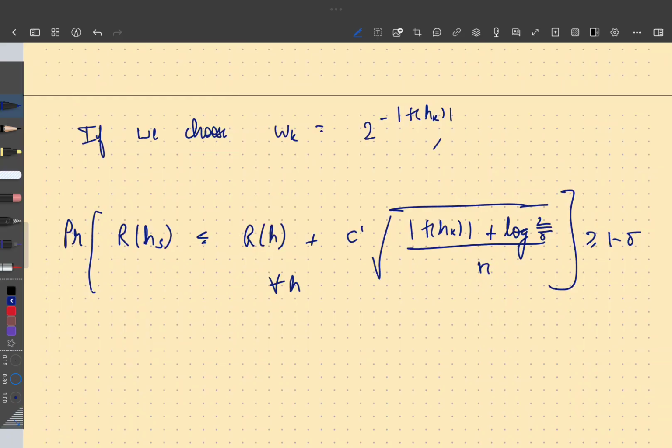So the longer, the more complex the description of your predictor is, the higher the generalization error is going to be. All right.